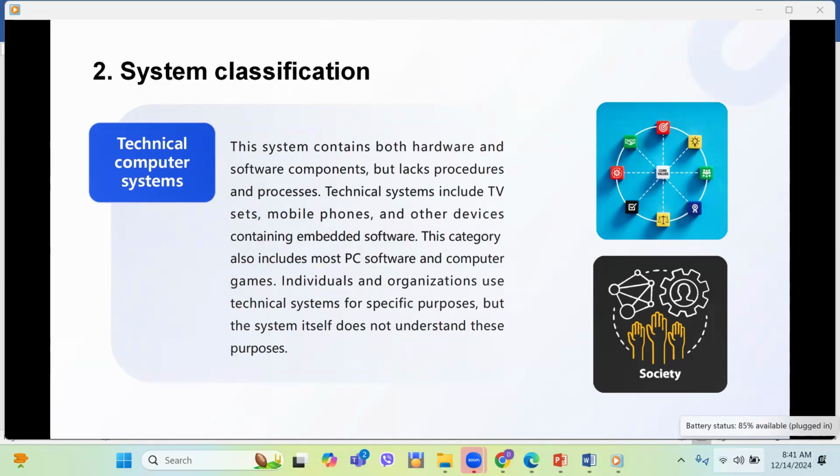Technical systems include TV sets, mobile phones, and other devices containing embedded software. This category also includes most PC software and computer games. Individuals and organizations use technical systems for specific purposes, but the system itself does not understand these purposes.